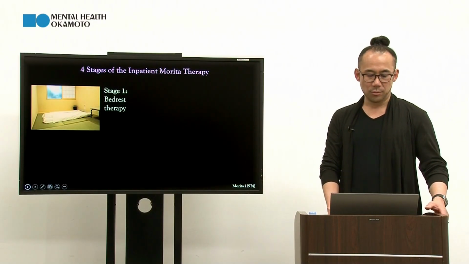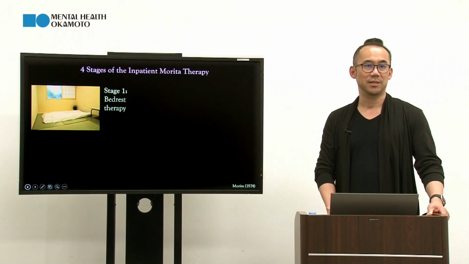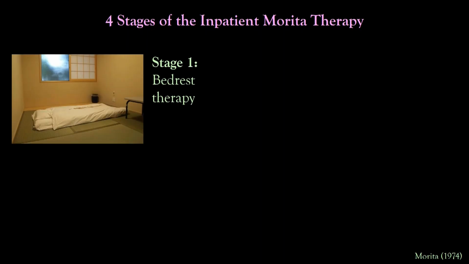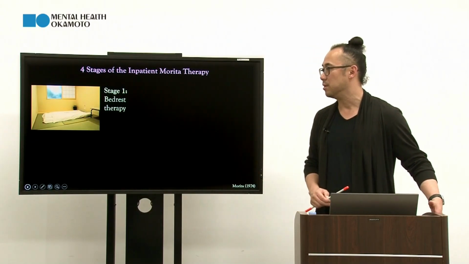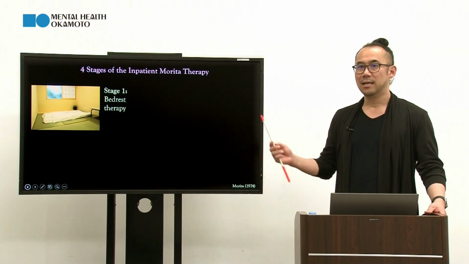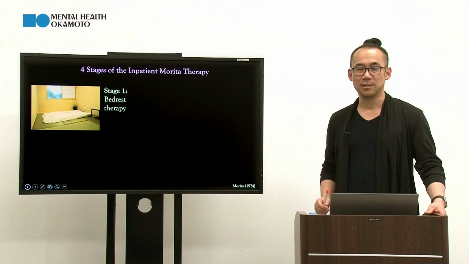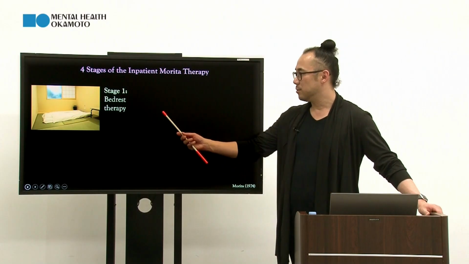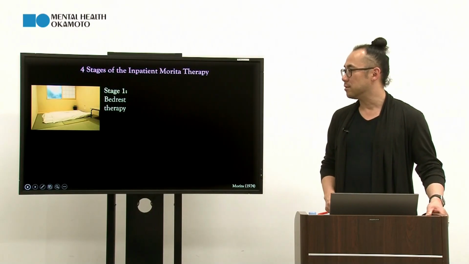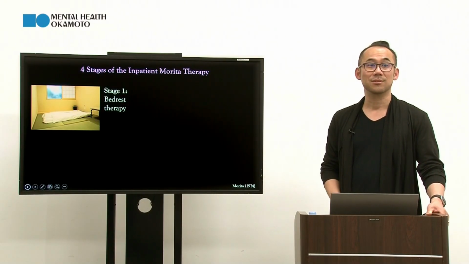Original Morita Therapy has four stages. It can be done completely speechlessly. In Stage 1, patients and clients go through bed rest therapy. That's the typical Morita Therapy inpatient facility, and that photo is courtesy of the GK University Center for Morita Therapy. Patients and clients are advised to rest.